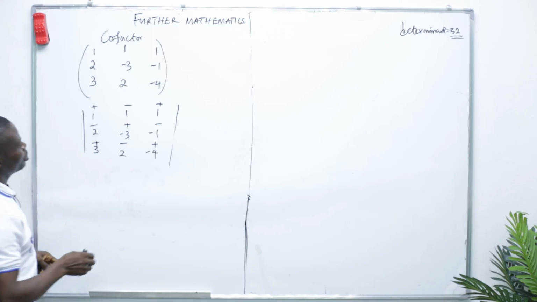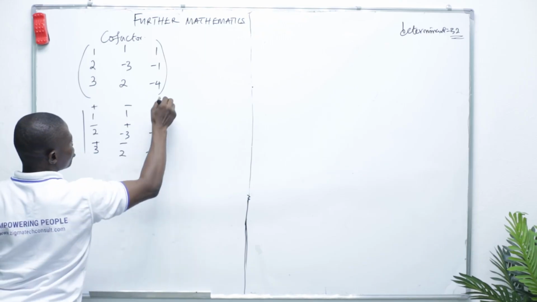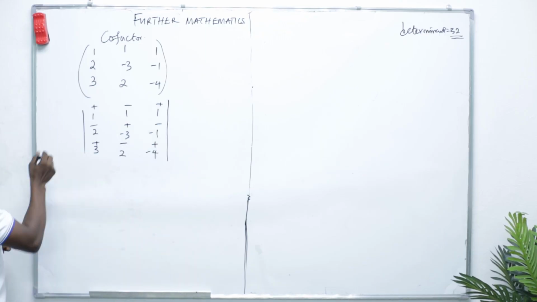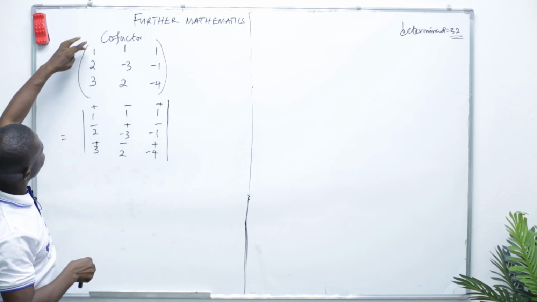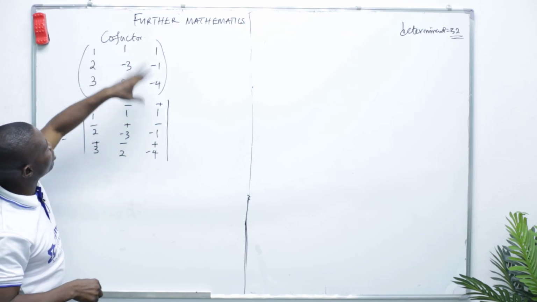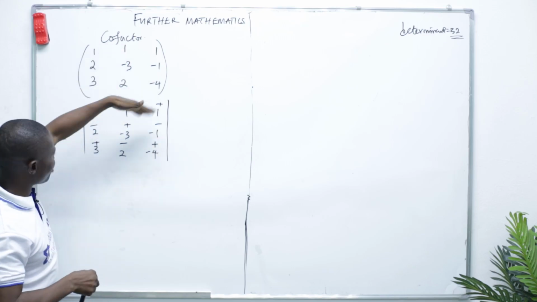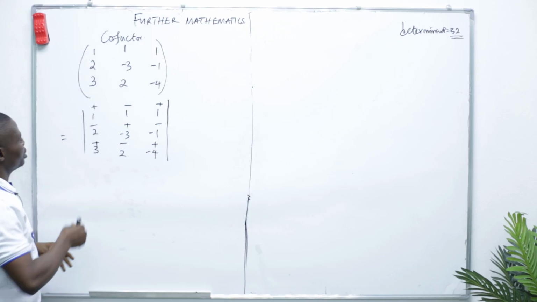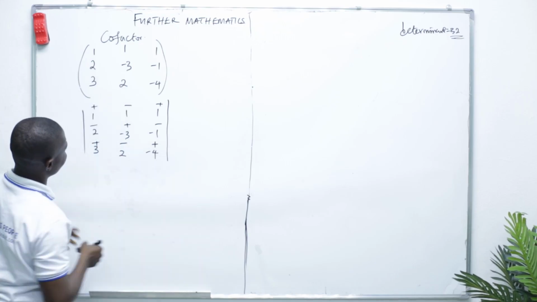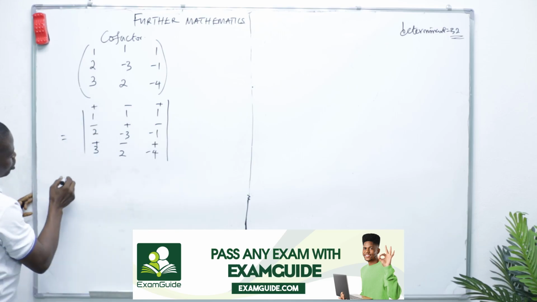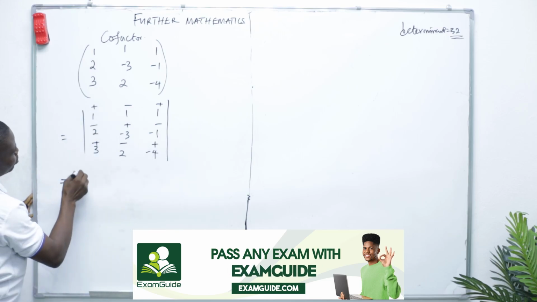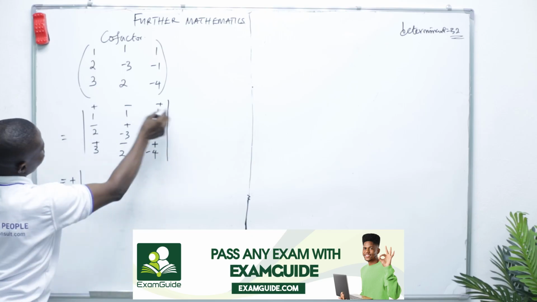But the difference between cofactor and the other determinant is that in cofactor, you are not taking these values one after the other. You are just deciding the value of the multiplicand, or the multiplying effect. If I want to take this place, it is obvious that I have plus. Now if I rule out this row and column, what do I have here?